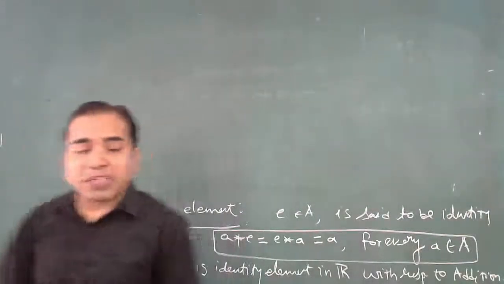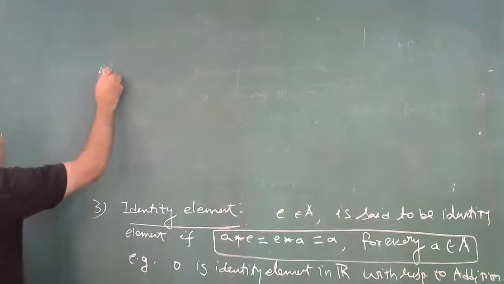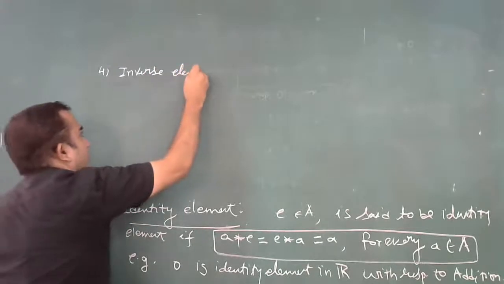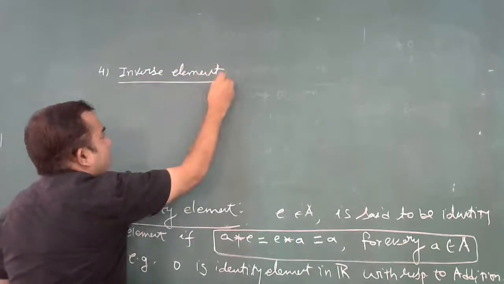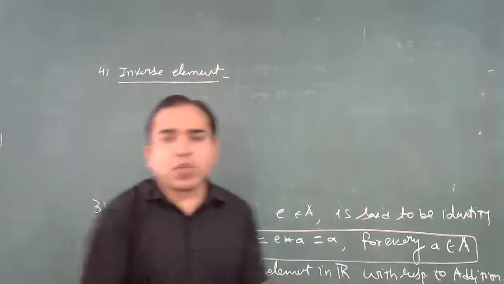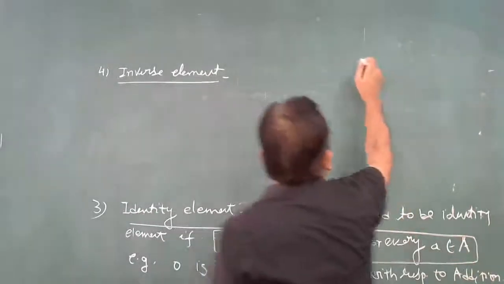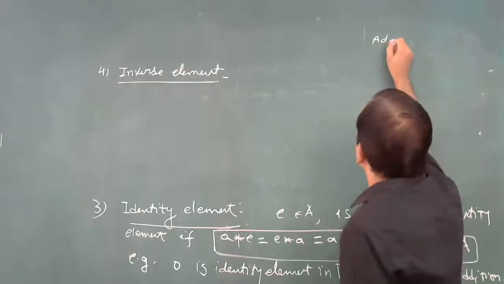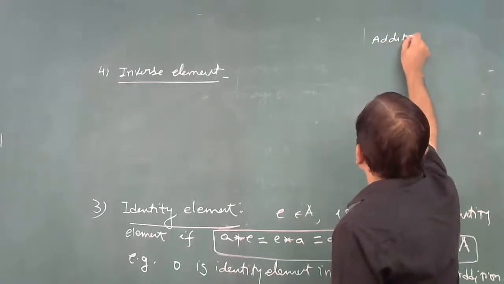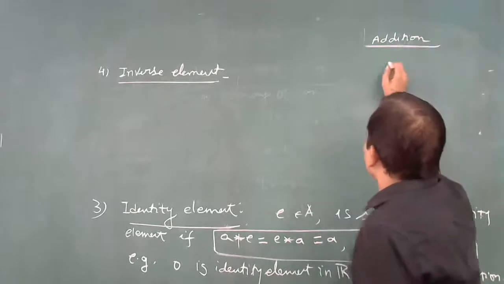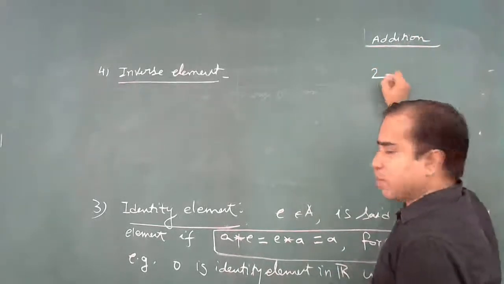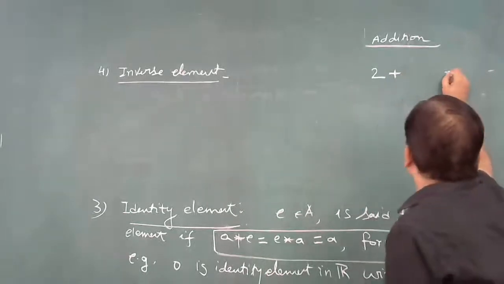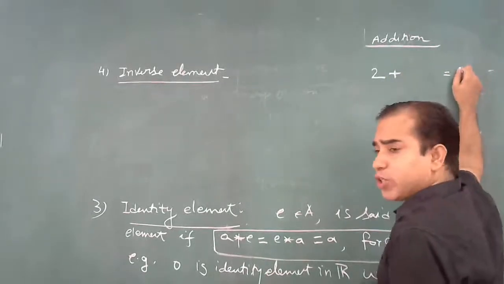And one more property, inverse element. इसको भी हम एक एग्जांपल से समझने की कोशिश करते हैं कि एडिशन की बात कर लेते हैं, ठीक है? एडिशन. Suppose there is any element 2. In 2, what you add so that you get the additive identity, which is 0.